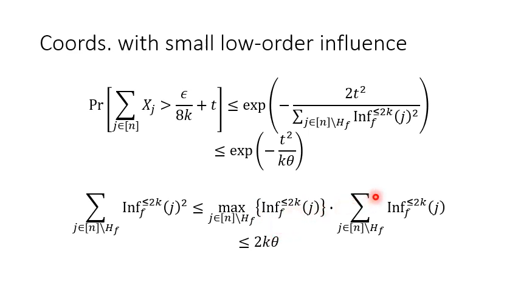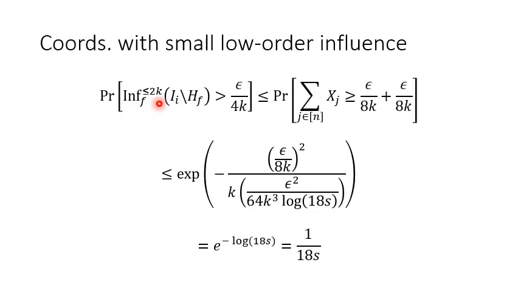On the other hand, this sum of influences we have shown in proposition 2.12 that it's at most 2k. So here we have that this is at most 2k theta. So now we can put an upper bound on this whole expression by switching this up with 2k theta, and 2 and 2 cancel out, and we got this.